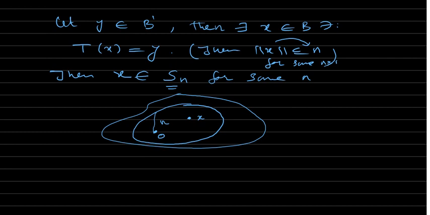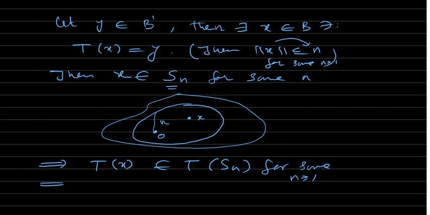Right. So this means T of X belongs to T of Sn, for some n greater than or equal to 1. Which means Y belongs to T of Sn for some n.